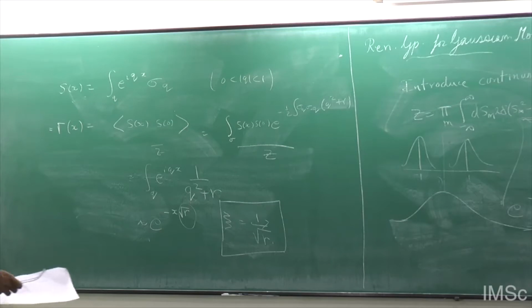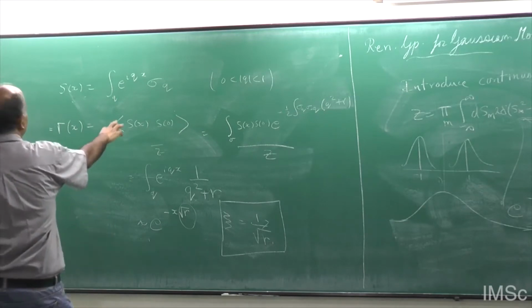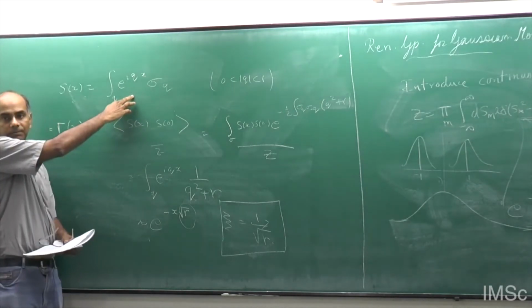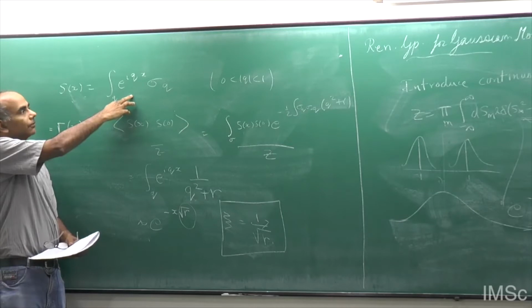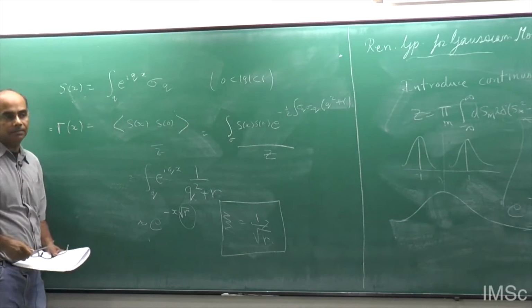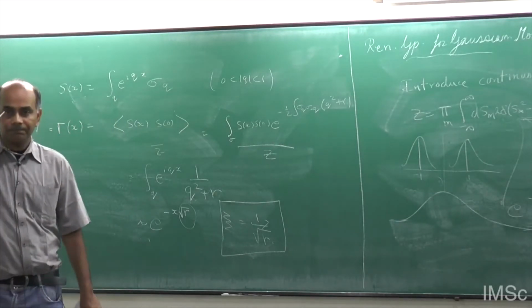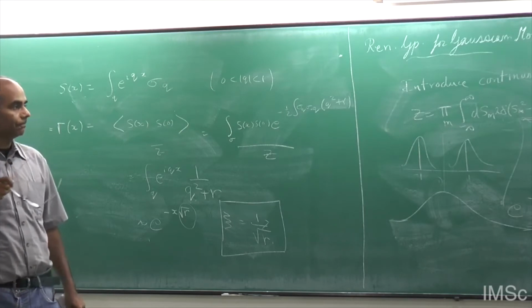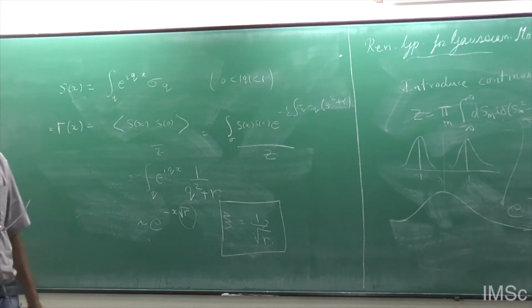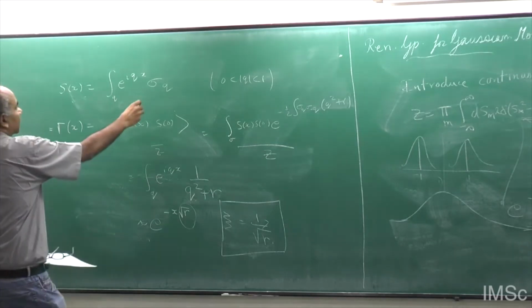Sorry, which summation? Here. Yes, this is a Fourier transform. This is the Fourier transform of sigma. Inverse of this will involve an integral. You're just making it into a continuous variable. This is an approximation.